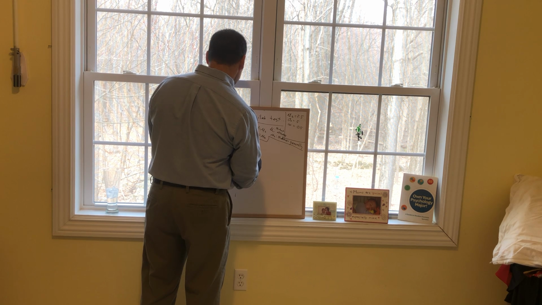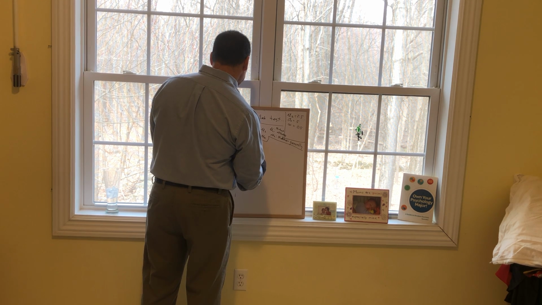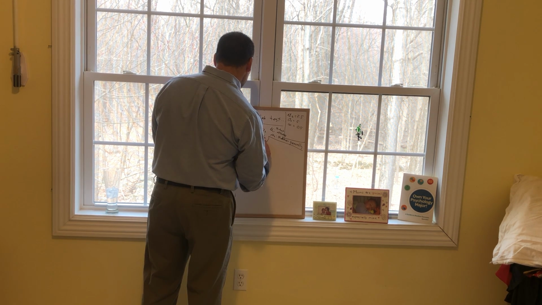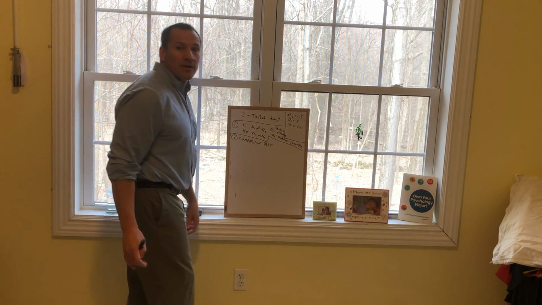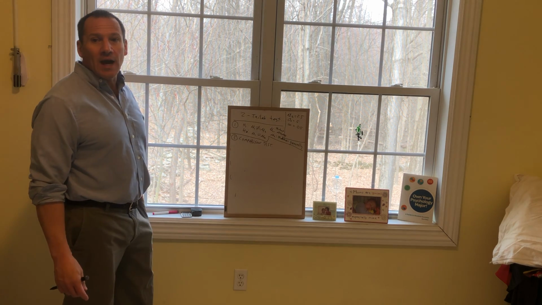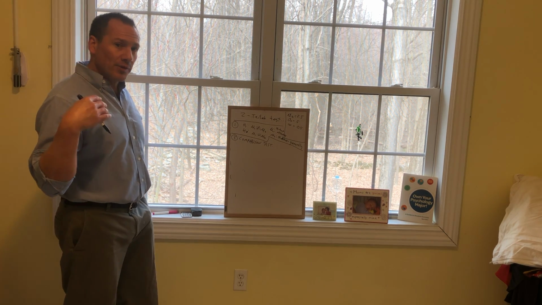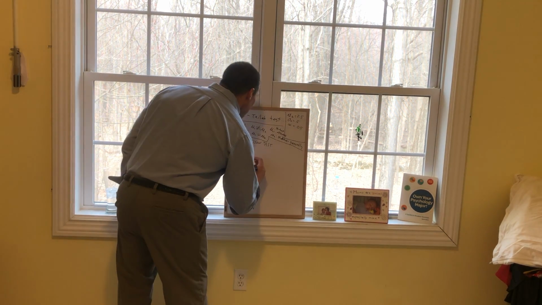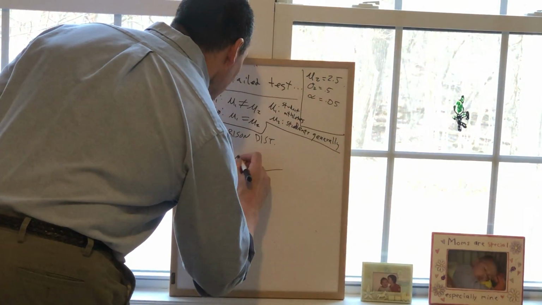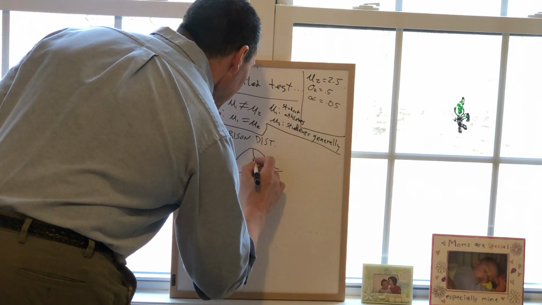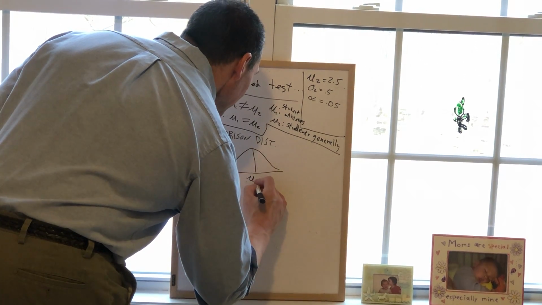Step number 2, comparison distribution. The comparison distribution is identical to what we did with the one-tailed test. It represents our general population, mu sub 2.